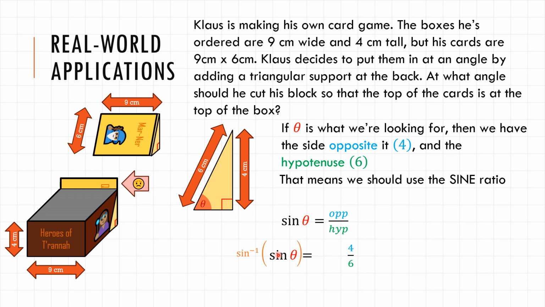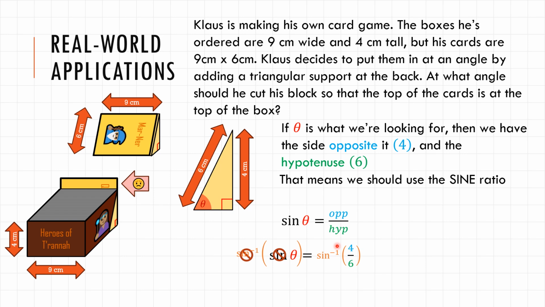And what this does is, just like the inverse of multiplication is division, and just like the inverse of addition is subtraction, these two will cancel each other out, just like multiplication would cancel out division. And now we're left with theta all by itself. We just have to do the same thing to the other side, right? Because whatever you do to one side of an equation, you have to do to the other.